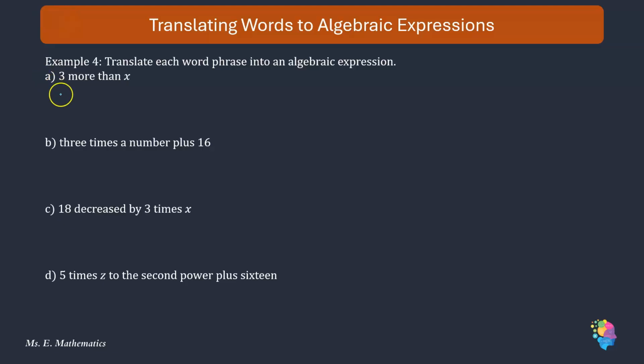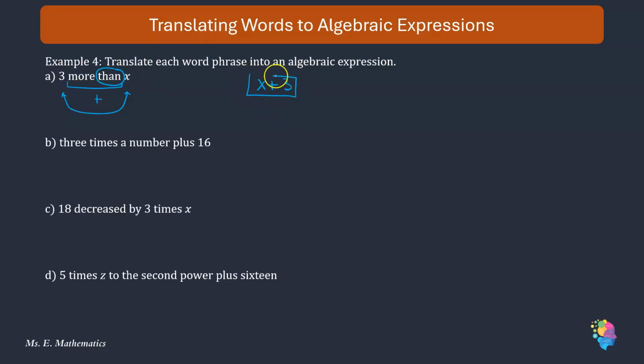So here we go. Letter A, we have the keywords more than. So more than means addition, but because the word than is there, these two are going to be swapped. So what does that mean? Instead of writing 3 plus x, we're going to write x plus 3.